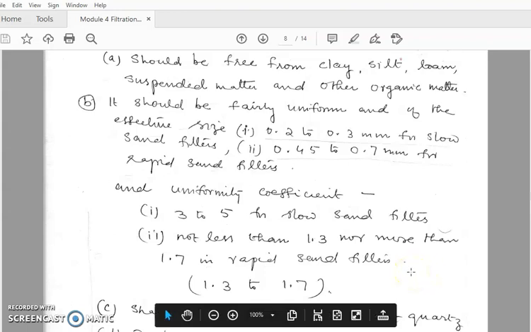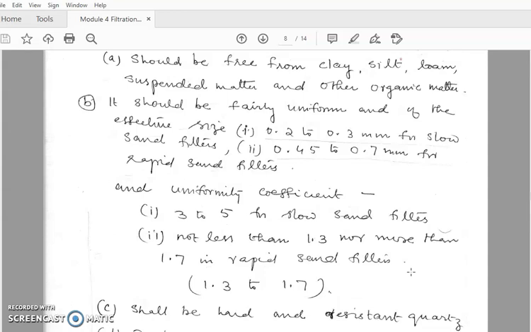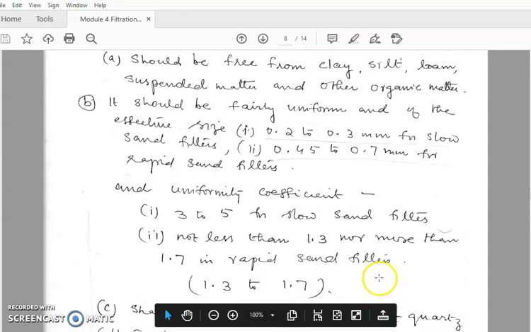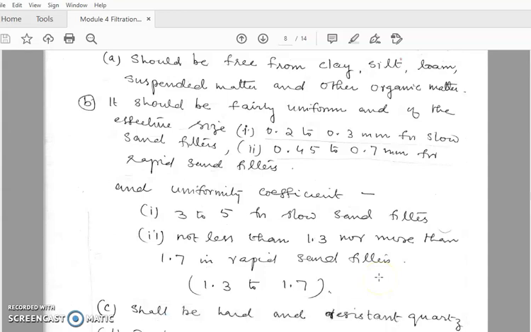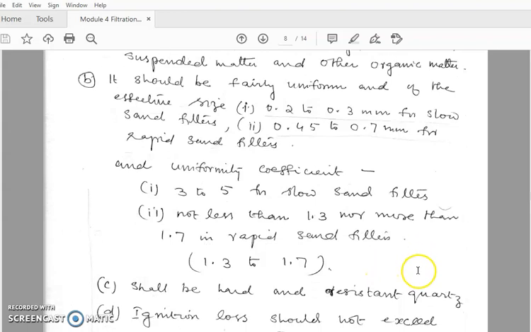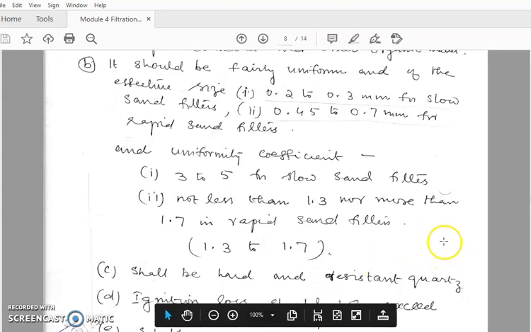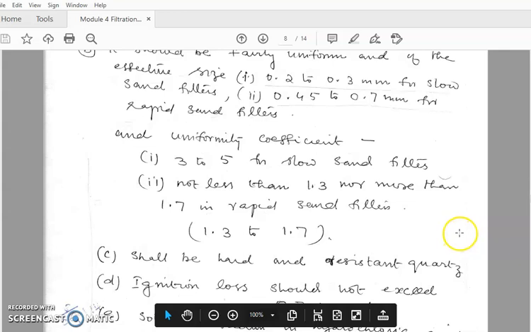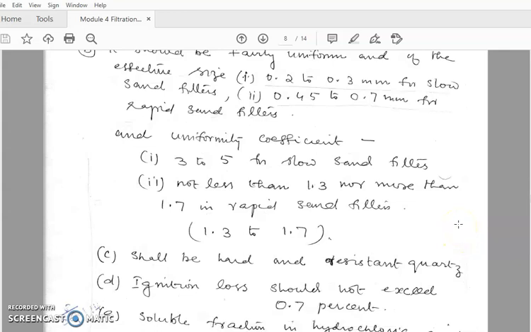You all know it is the ratio of D60 by D10. 60% of the particles will pass through a particular size, and 10% will pass through another size, and when you take the ratio, it should be between 1.3 and 1.7. That is your uniformity coefficient.